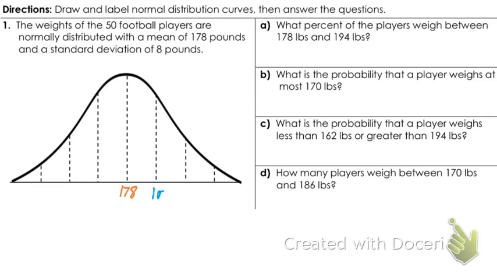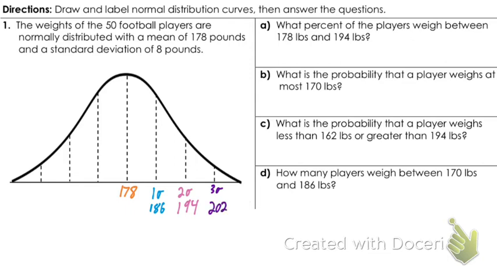So 8 pounds, or 1 standard deviation away from the mean, would be 186 pounds. Then you'd have 2 standard deviations away. So what's another 8 pounds away? 194. Keep going. And then what would be 3 standard deviations away? 202.